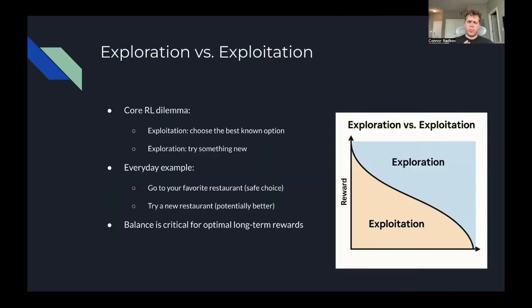So, one of the core problems in reinforcement learning is the idea of exploration or exploitation. Exploitation is choosing the best option that you already know works. This would be the agent being assigned a problem and it has one solution in its database, and it just chooses that solution every time. On the other hand, exploration is trying something new.